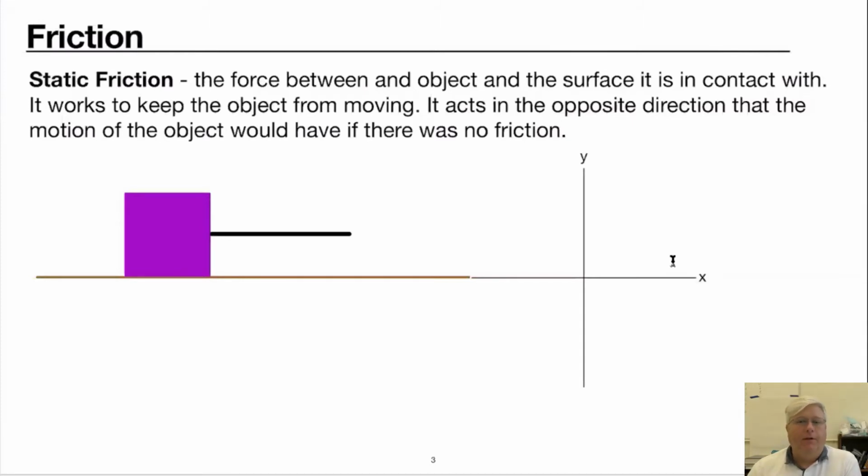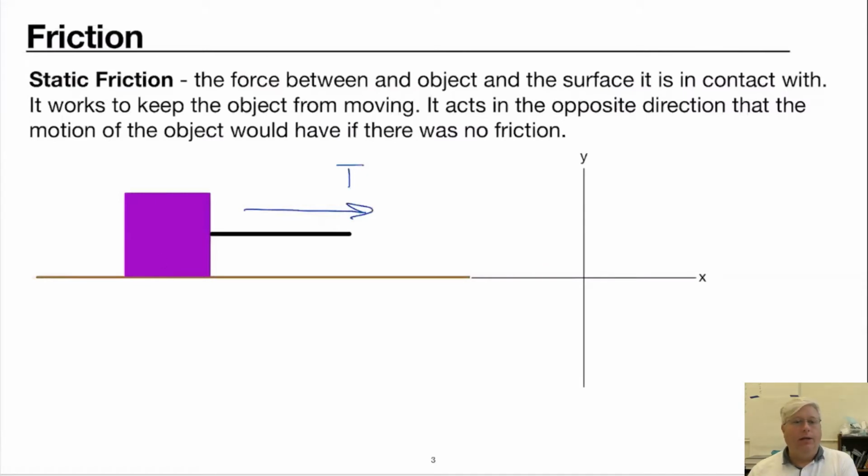Okay, so I have a figure here where I have a rope pulling this purple box, and let's say we apply a force to it, so that would be tension. I try to pull it, but it doesn't move, and it doesn't move because of that static friction.